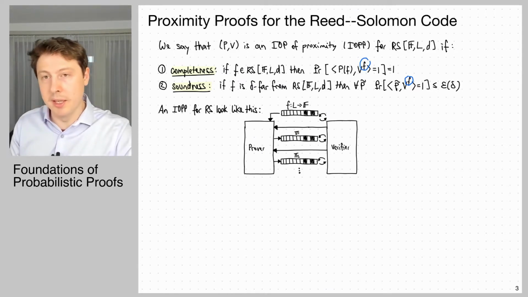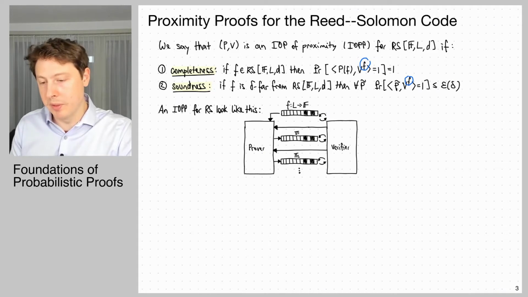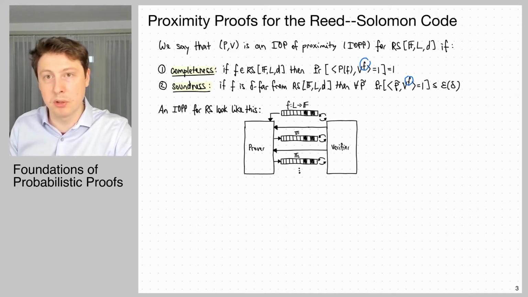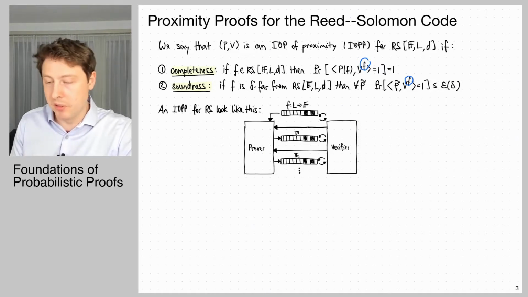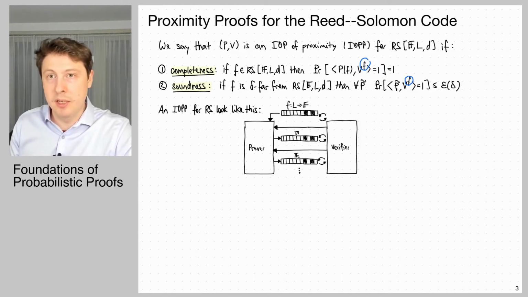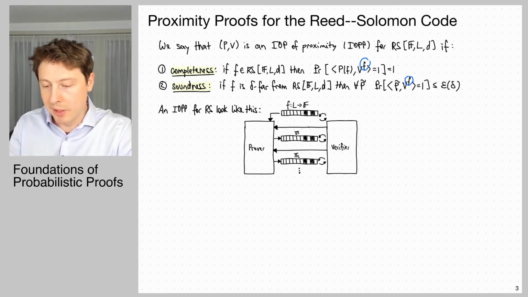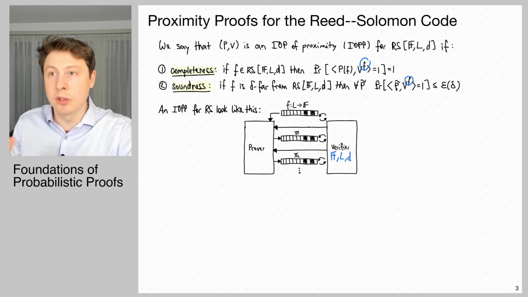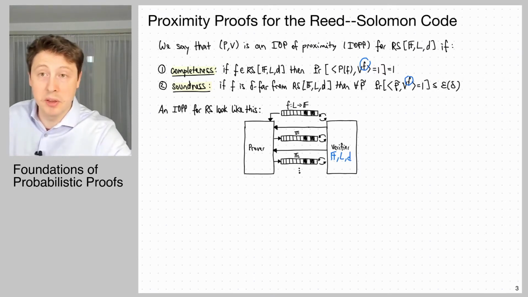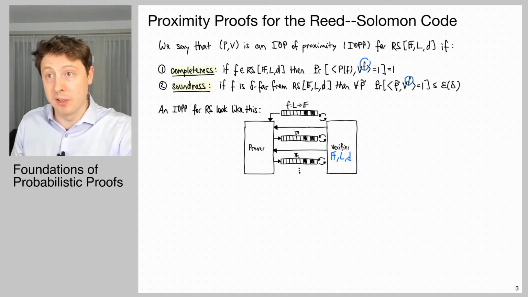So somehow there is this oracle input to the protocol rather than a normal input to the protocol. Now there are some parts of the input that are still given normally, right? I mean, the verifier knows F, right? It knows L, it knows D, right? So it knows what code we're talking about. So these you can think of as explicit input to the verifier.